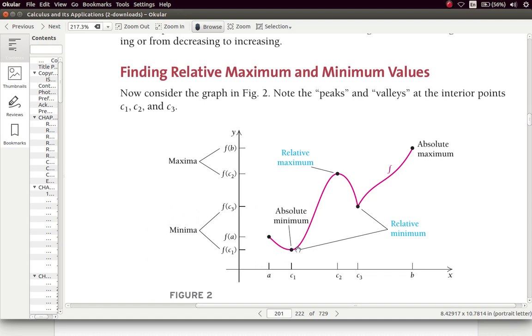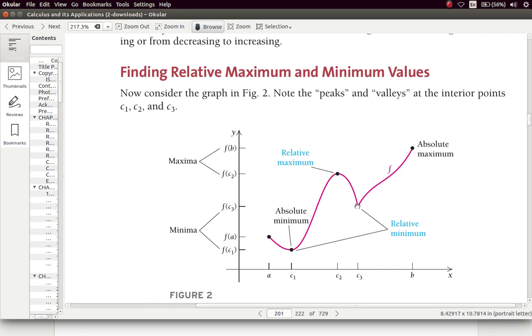So you have a valley here, a peak here and a valley. The valleys are the relative minimum. This is a relative minimum because it is a minimum but it's not the lowest. This is a relative maximum point because it is a maximum but it's not the highest.